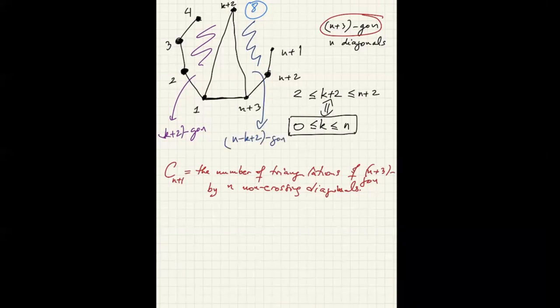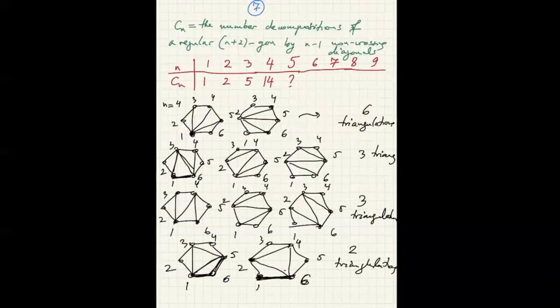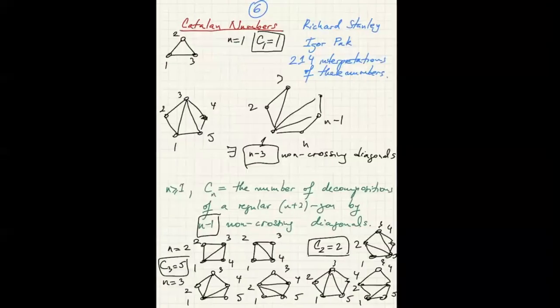So here again, I guess the definition that we want a regular one is not necessary. Just put a convex. Any convex would work. A convex n plus 1 gon, and the same thing here.